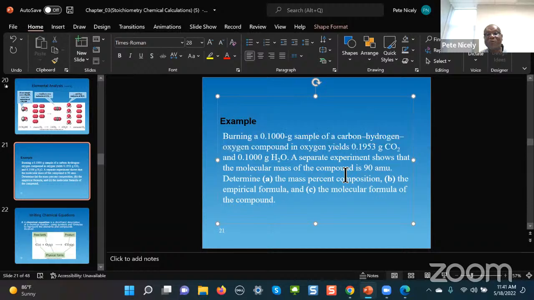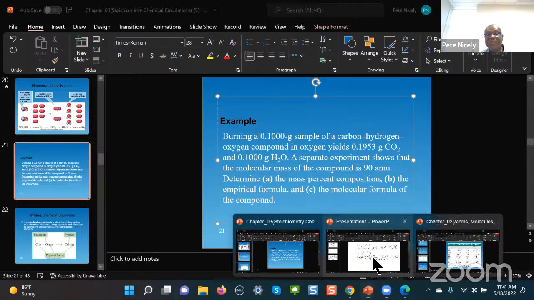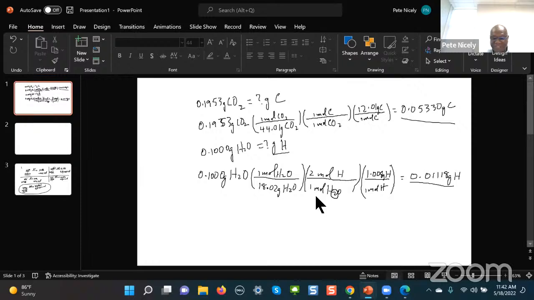So the question is, what would be the mass of oxygen? And to get the mass of oxygen, what we need to do is add the masses of the carbon and hydrogen together and subtract it from the original mass of the compound, which is 0.1000 grams. So let me do that here to get the mass of oxygen.